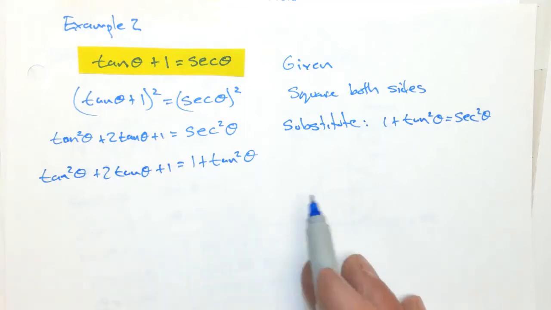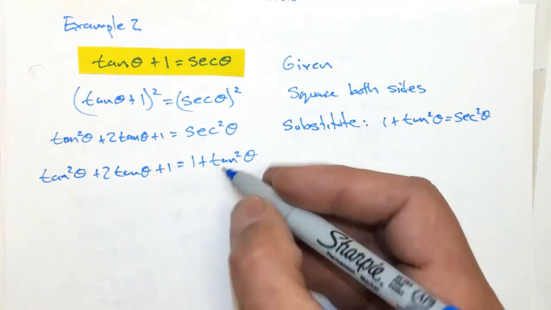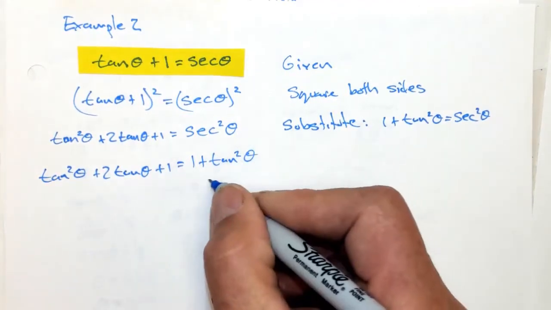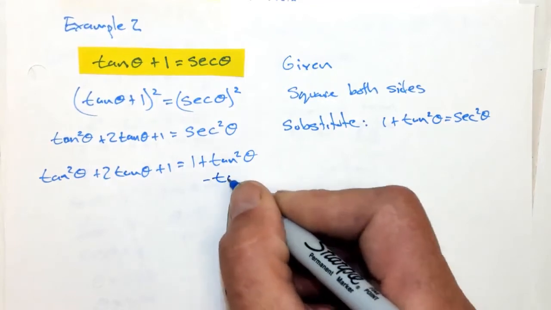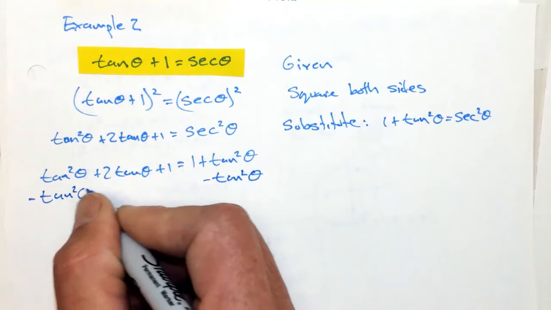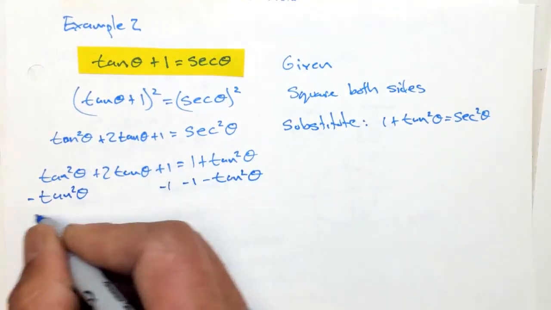Now I can switch to a variable if I want, but I'm just going to leave it. You can do whatever you want. I could use z equals tangent theta, but I'm just going to solve for this. I'm going to subtract tangent squared theta from both sides. And the other thing I'm going to do is subtract 1 from both sides.